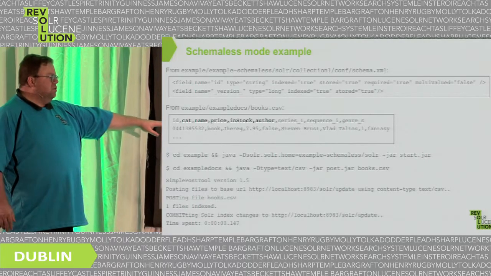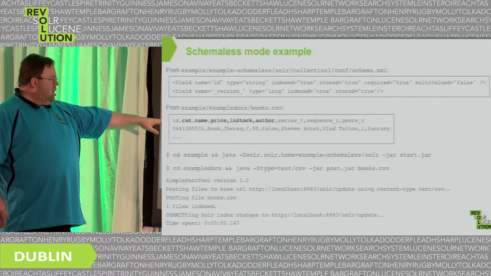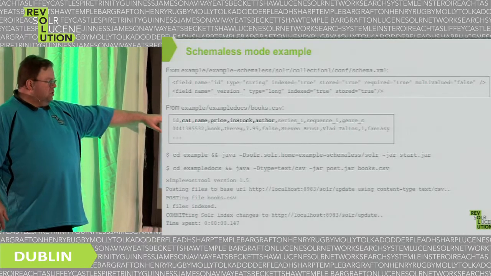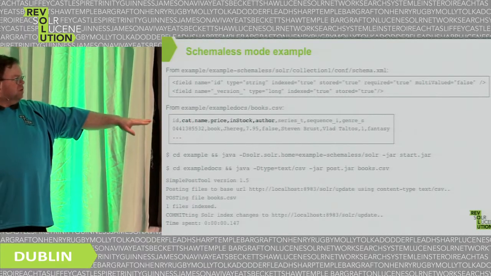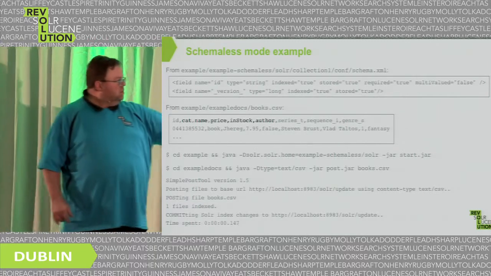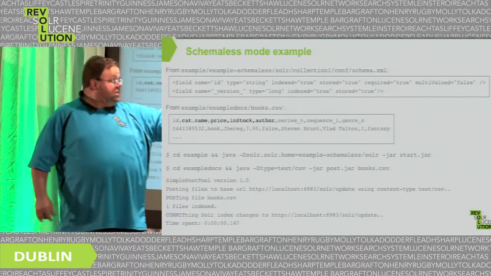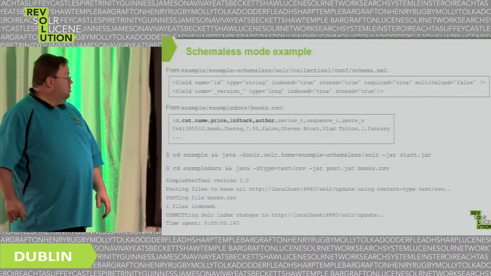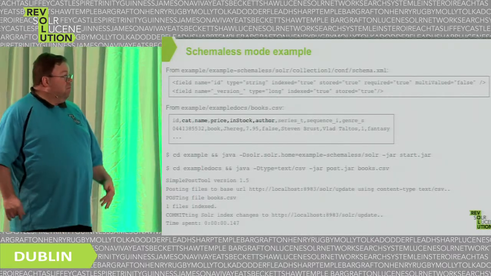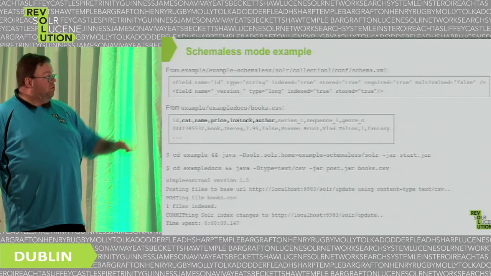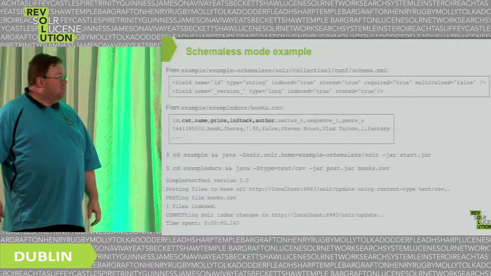So in order to start in this new schemaless mode, go to the example directory in the unpacked binary distribution and run start.jar pointing Solr home at the example-schemaless Solr directory, and then post, using the simple post tool, the books.csv file.